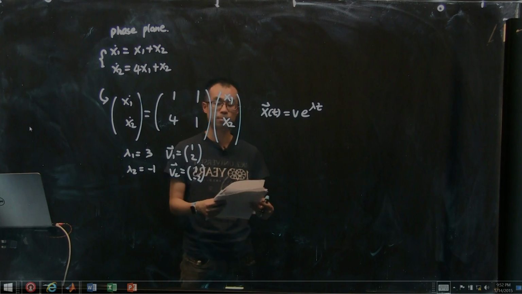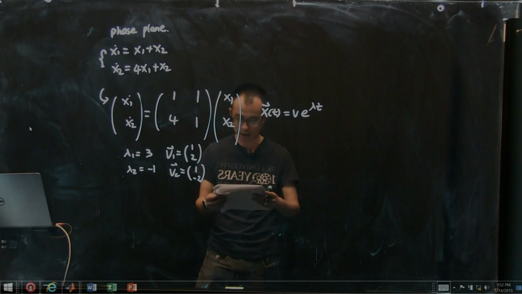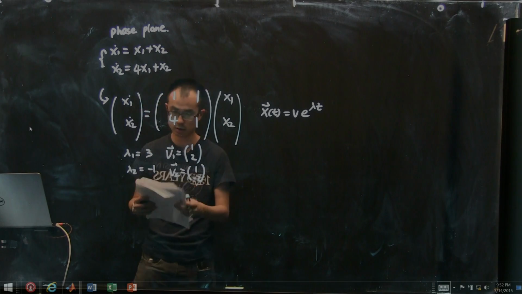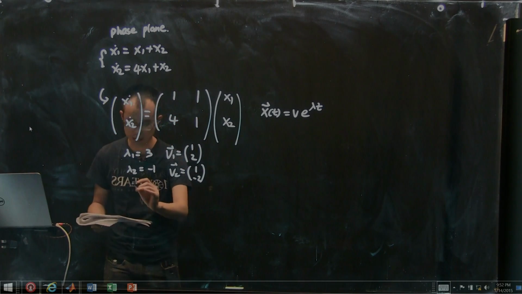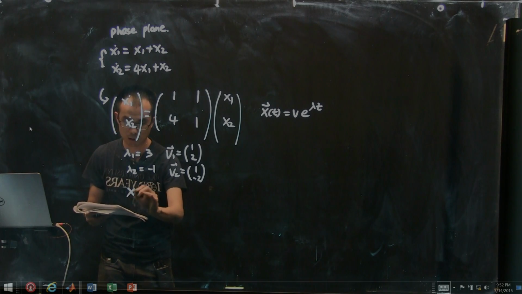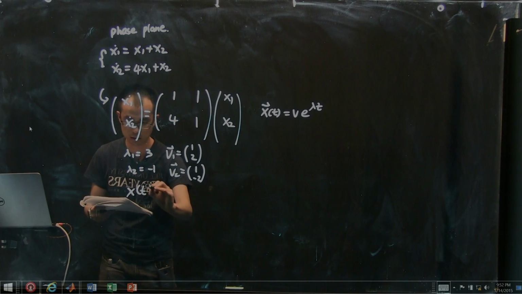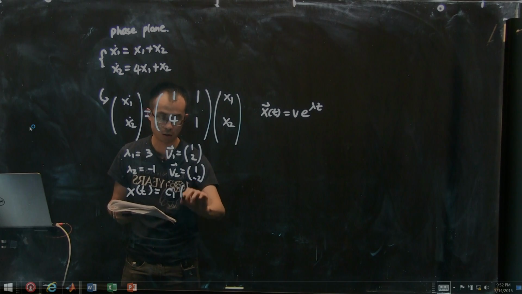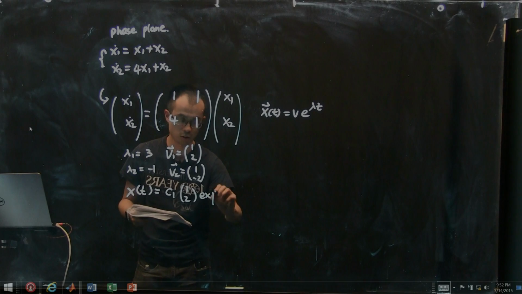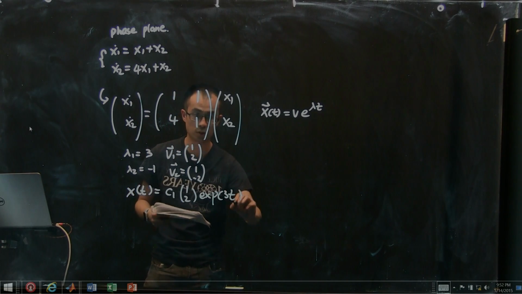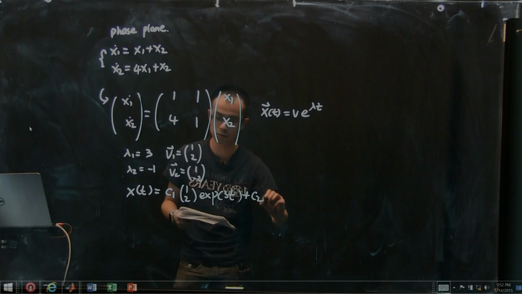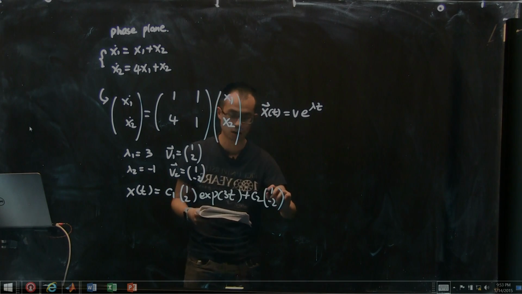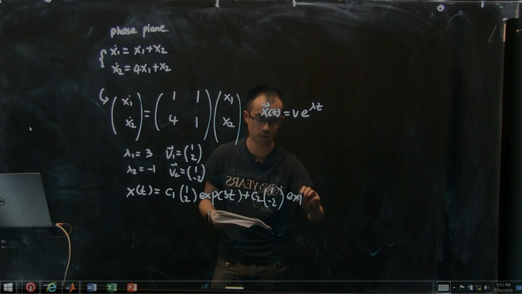And after that, we can write down the solutions for this ODE. It will be something like x of t equals c1 (1, 1) times exponential of 3t plus c2 (1, -2) times exponential of minus t.